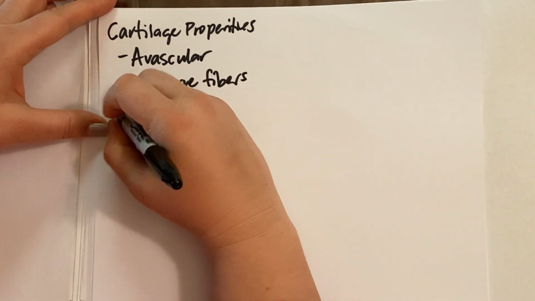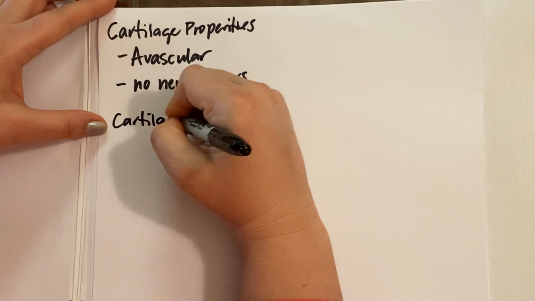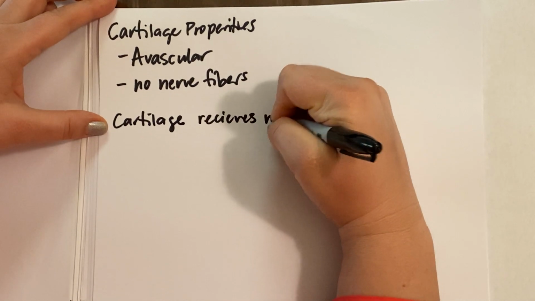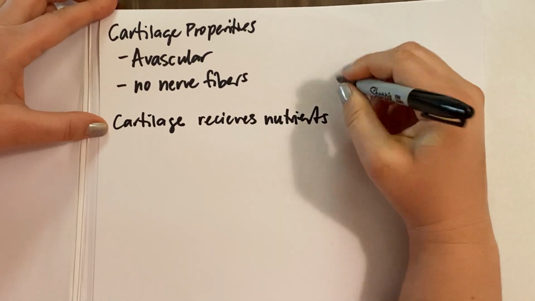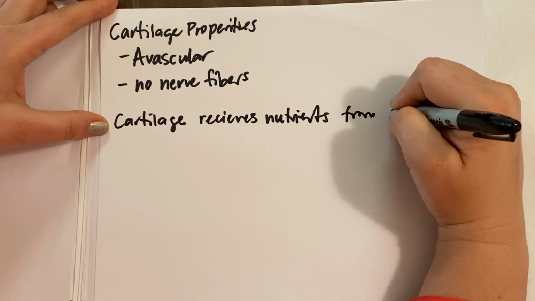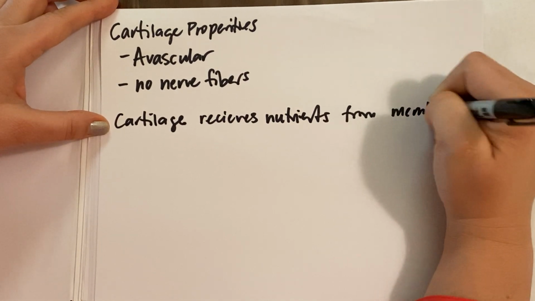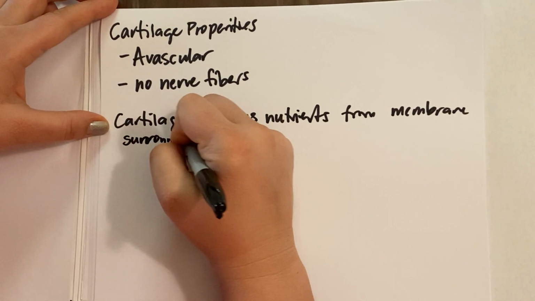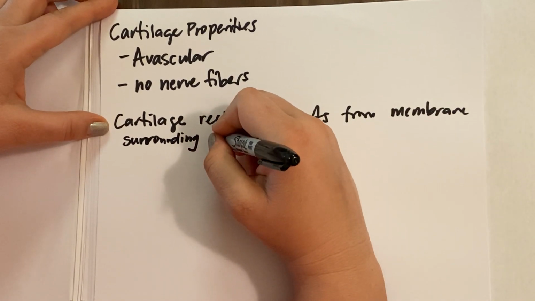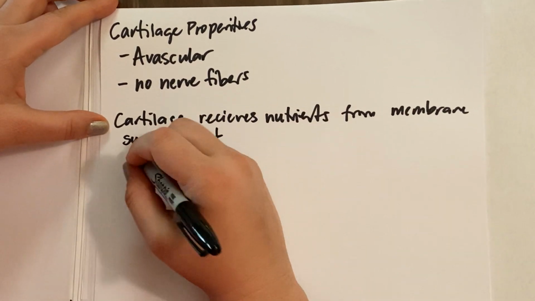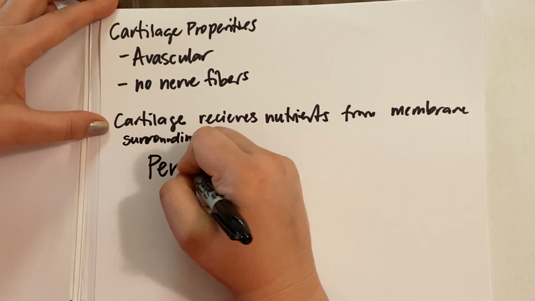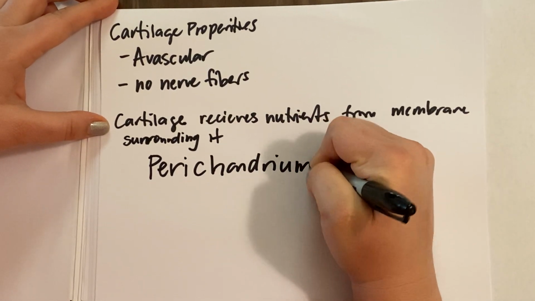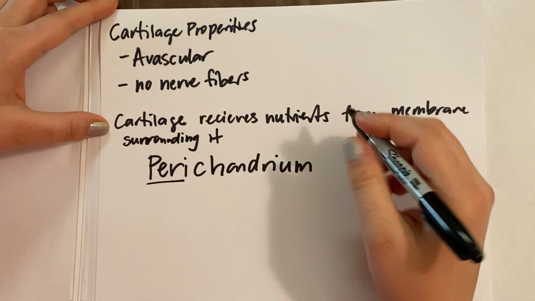And so cartilage receives nutrients from the membrane surrounding it, okay? And this membrane is called the perichondrium.